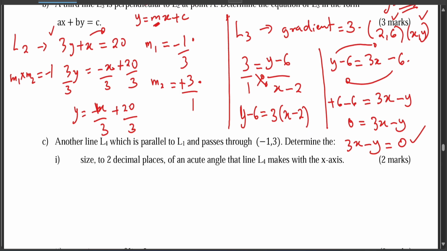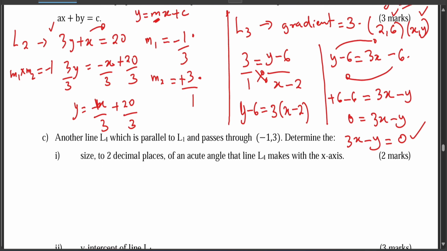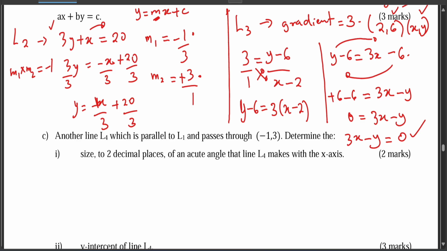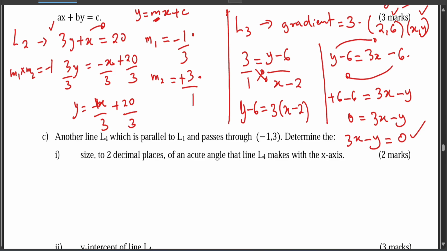Another line L4, which is parallel to L1 and passes through negative 1, 3. Determine, Roman 1, the size to 2 decimal places of an acute angle that line L4 makes with the x-axis. So ni 2 marks too.